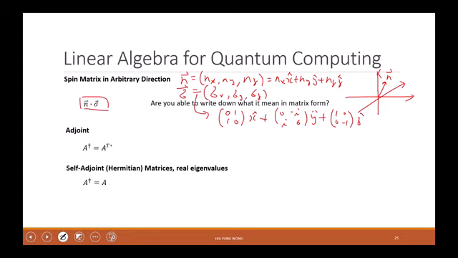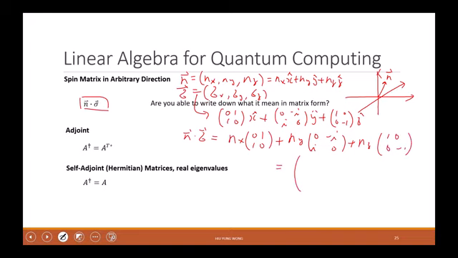So if you do a dot product of this guy, and we already know that they are orthonormal, the basis x hat, y hat, z hat, this is nothing but just nx times [0, 1; 1, 0], plus ny [0, negative i; i, 0], plus nz [1, 0; 0, negative 1], right?